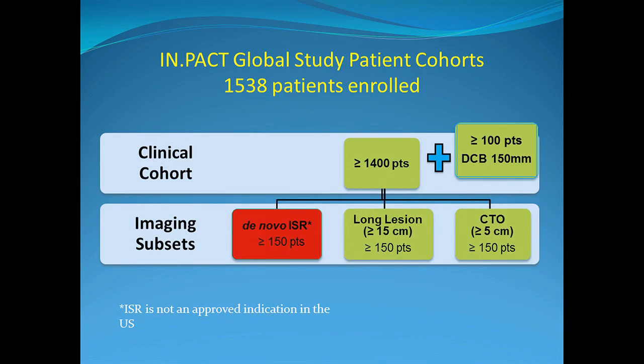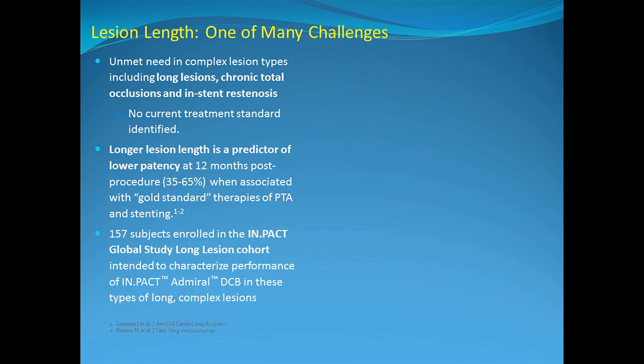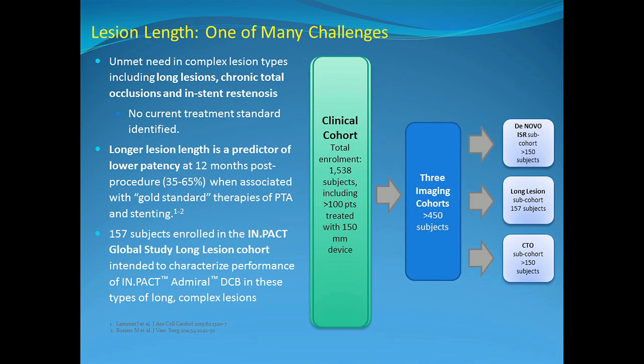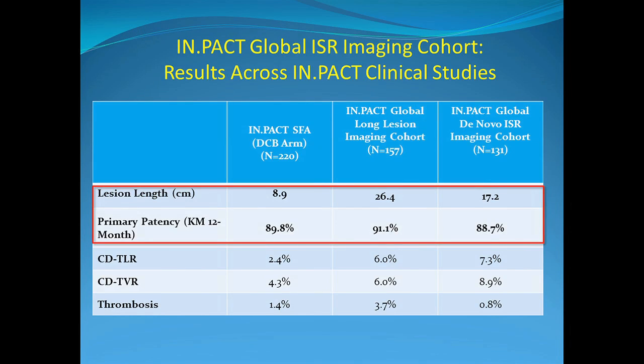And then in the IN.PACT global study, they enrolled more than 1500 patients, and they had 3 subsets which included ISR, a long lesion, and also a CTO cohort. In the long lesion they included 157 subjects. So this is across the 3 studies, which is IN.PACT SFA, comparing to the imaging cohort of the long lesion and also ISR.